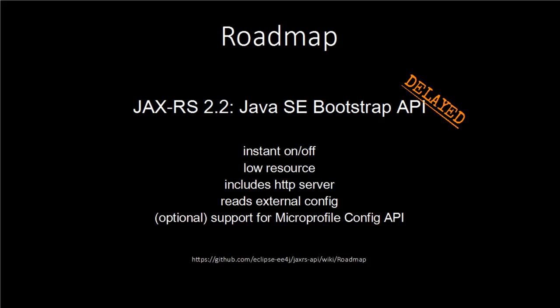What we try to reach is that we get compatible on some levels. So if a product can use the MicroProfile Config API, then this configuration will be used to start up the Java SE Bootstrap API of JAX-RS. This is very interesting.